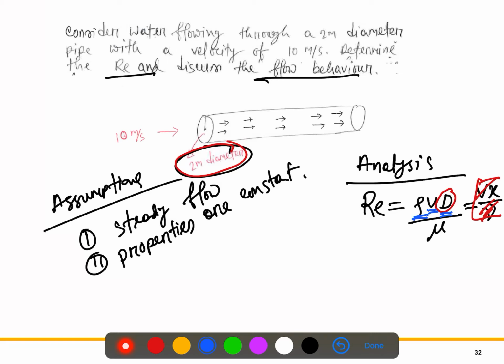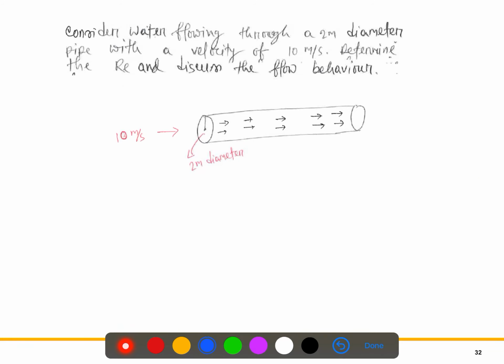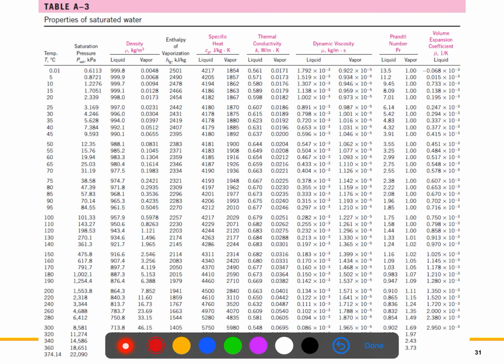What we don't know is the dynamic viscosity. So here you will see the table. At 25 degrees centigrade, you'll see the dynamic viscosity, if we go this way, here.